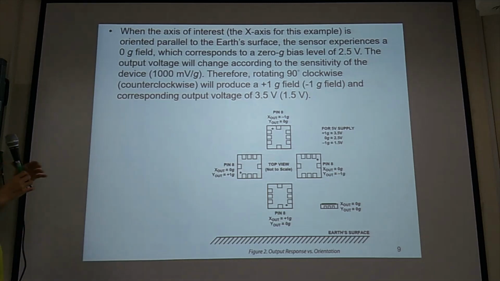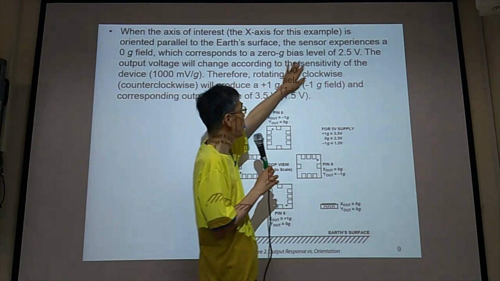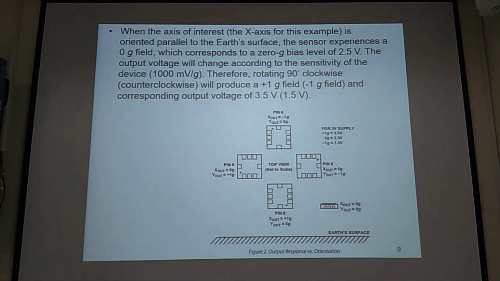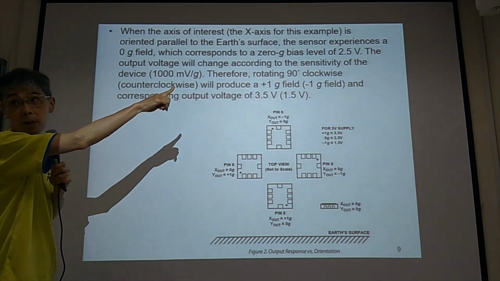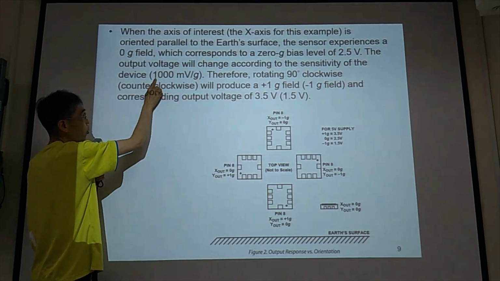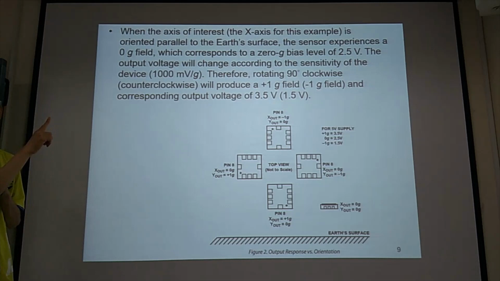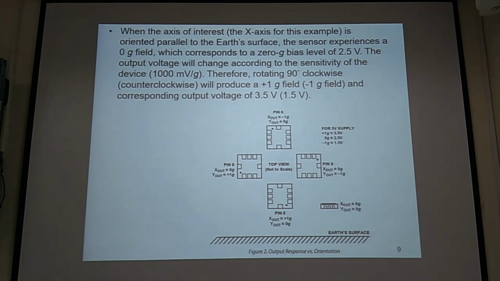Then, if it's 0G, we have the bias 2.5 volt output. Then the sensitivity of this sensor is, per G, we have 1000 millivolt output. So this is the total sensitivity of the device. Remember, we did some lectures about total sensitivity equal to mechanical sensitivity multiplied by electrical sensitivity.